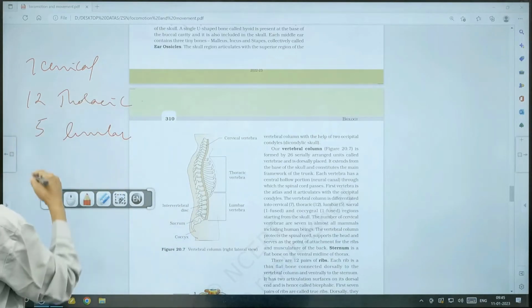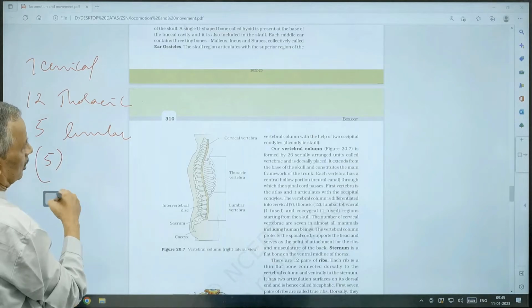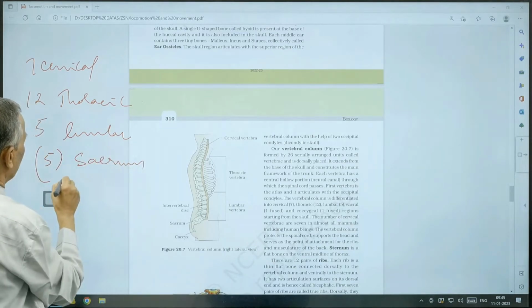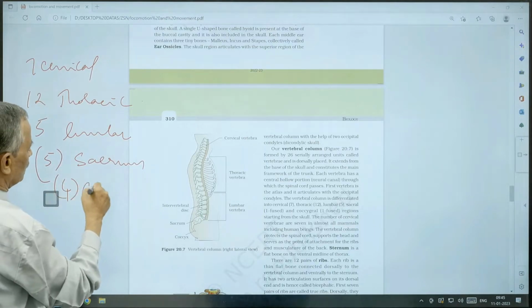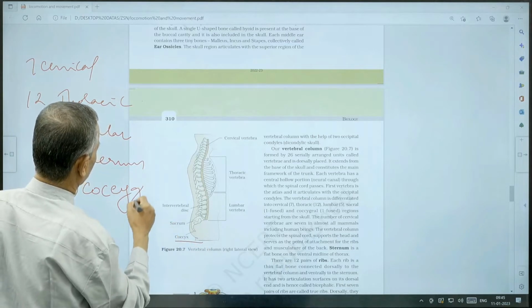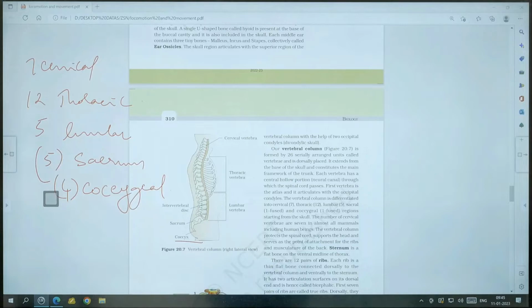Okay. And 5, which are all completely fused in adult, in the sacrum, forming the hip, and 4 in the coccygeal, posteriormost part, coccyx. Coccygeal region or coccyx, which is made up of 4, which are fused to form 1.